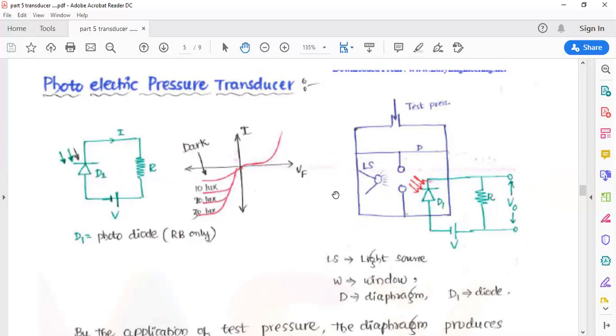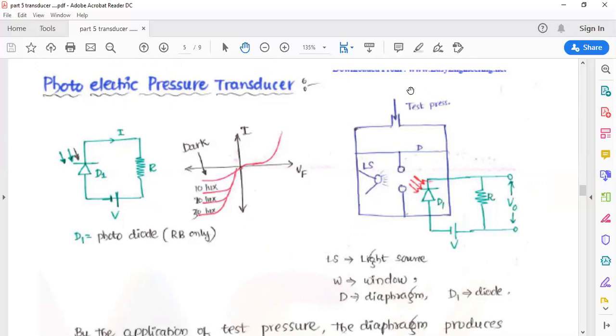Now, this is our arrangement with the help of which we measure the pressure. Here, this layer is the diaphragm, and this is the opening window, and here we place our light source. If there is a movement in the diaphragm, then this window will either contract or expand.